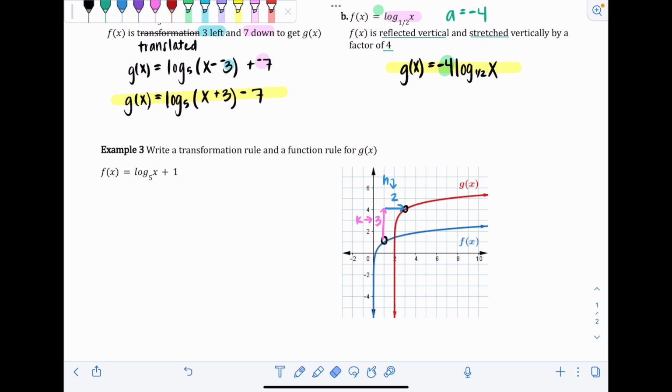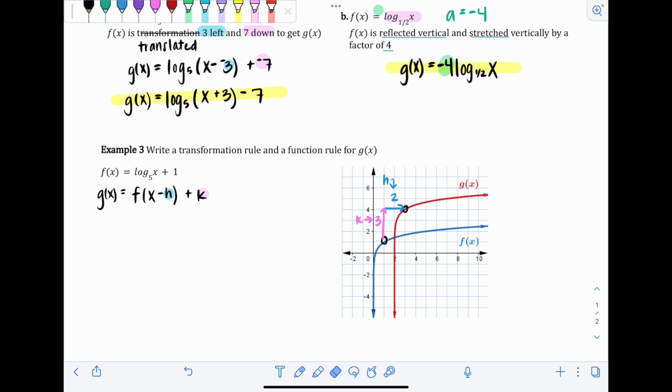It'd be g of x equals, and this is not really involving the log quite yet, so it's just in reference to f of x. It'd be g of x equals f of x minus h, because h goes inside the parentheses with the x, and then plus k. Again, h is the horizontal movement, which in this case would be 2, and k is the vertical shift.